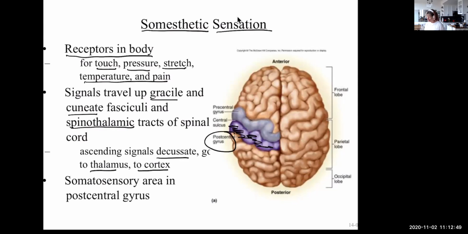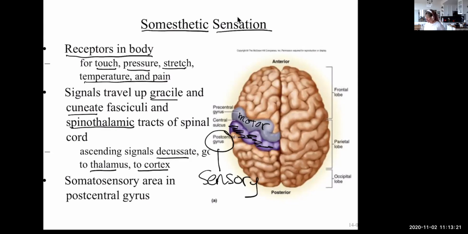And the parietal lobe is responsible for integrating that sensory information and then sending signals to the motor cortex here, which will respond to those sensations. So the postcentral gyrus is sensory, and the precentral is motor.